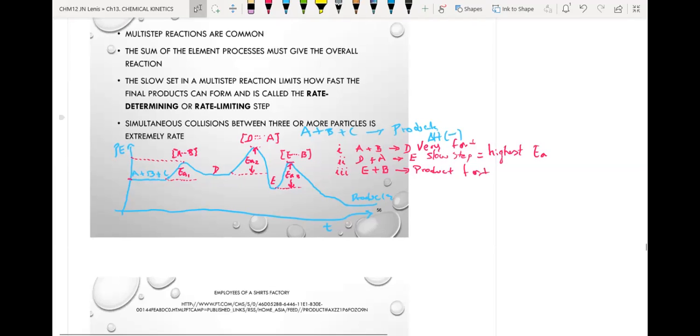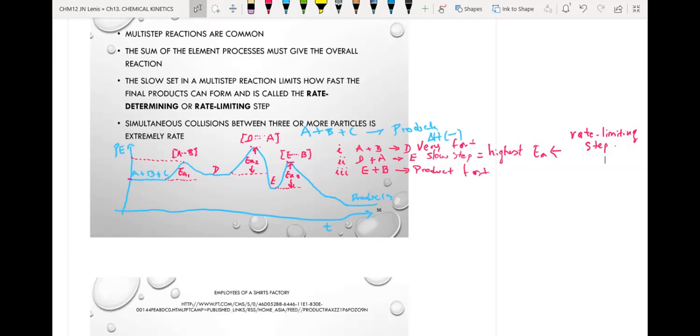And we say that the slow step, or the slowest step of the process, is the rate limiting step, or rate determining step for the whole reaction.